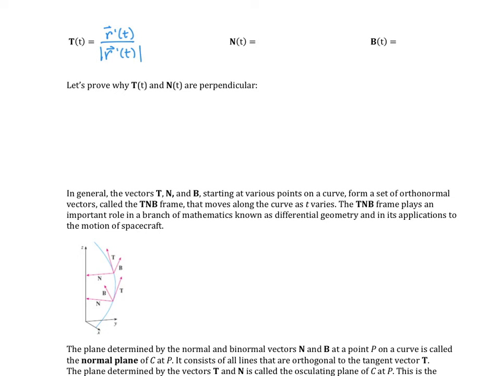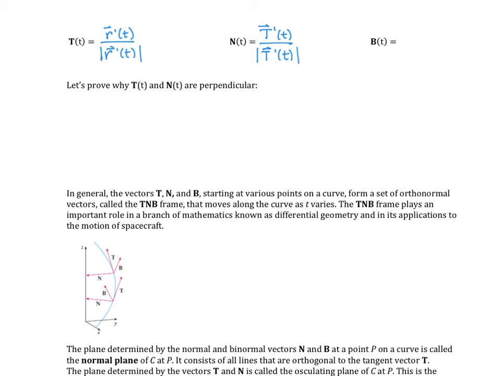So let's talk about a unit normal vector. A unit normal vector means it's perpendicular to the unit tangent vector. So if I take the derivative of the tangent vector and divide it by the magnitude of the derivative of the tangent vector, I will have my unit normal vector. Now remember, we said B is the binormal, or the unit binormal.